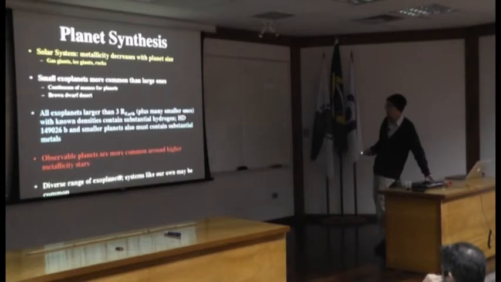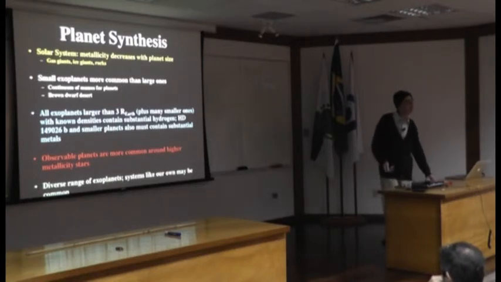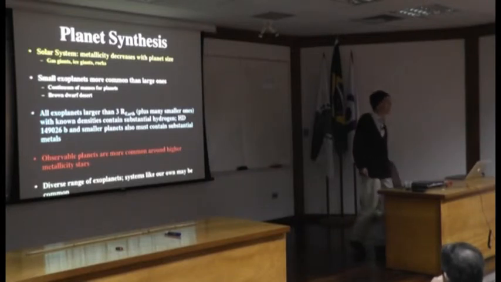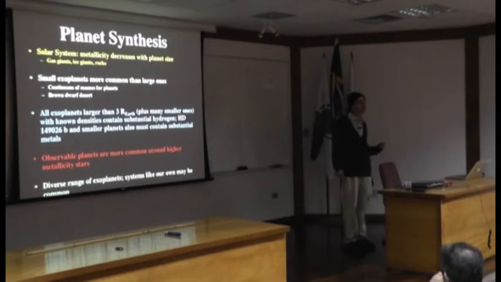Diverse range of exoplanets. Systems like our own may be common because, although we haven't seen anything like our own, we haven't seen planets around a lot of stars. The majority of stars we have not seen planets around. And that's when you do the statistics and compensate for the fact that Kepler only sees them when they're edge on.